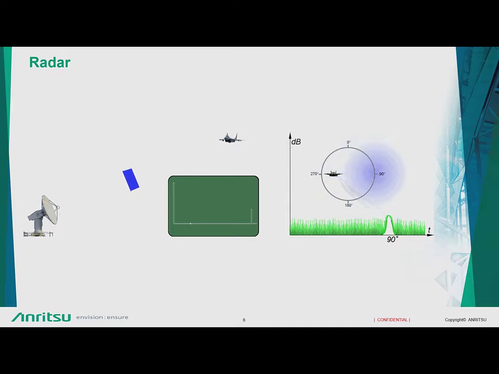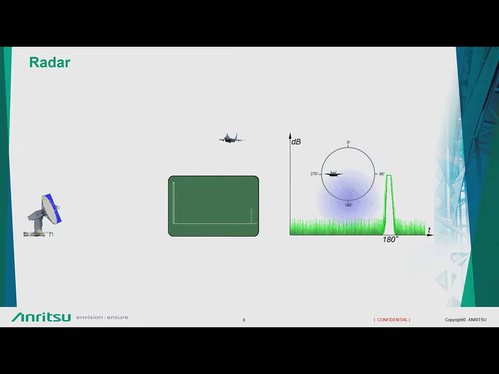Based on the azimuthal and the elevation angle, you could see that the amplitude of the reflection coming back becomes higher when the dish is facing towards that object. So these are the basic principles of radar, and this is how ranging and detection is done in a radar.